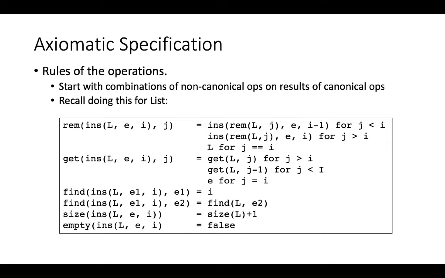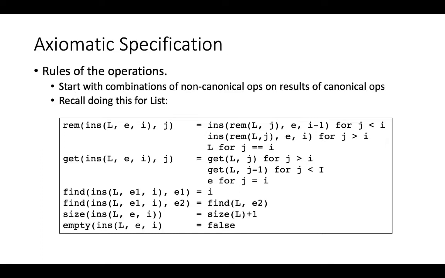In the following way, depending on whether I was smaller or bigger than J. If J is smaller than I, then for a regular list, removing from position J after having inserted something at position I was the same thing as removing the Jth item from L directly and then inserting the item at I-1 instead.